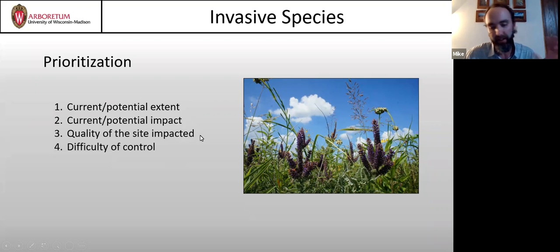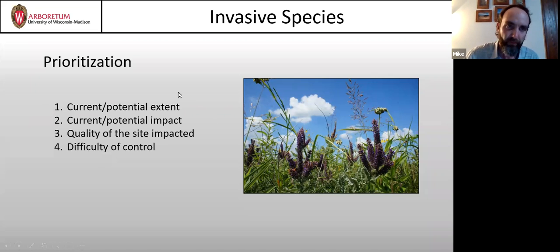And then at the end, you plug that into a formula, and you get a score for a particular species, and you can rate the different species based on that score. Usually, like I said, I just think of this more as a thought exercise, but it is useful in that regard too.